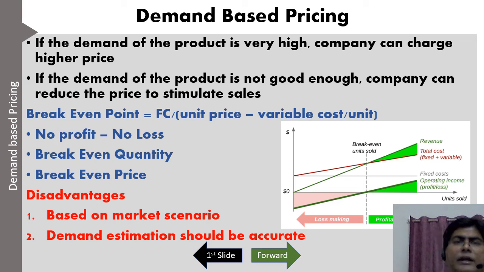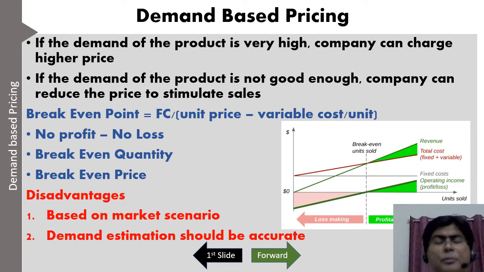Now let's look at demand based pricing. In demand based pricing, you are very conscious about the demand. Let's say there is a high demand for your products and services in the market. Obviously you can charge on a little higher side.